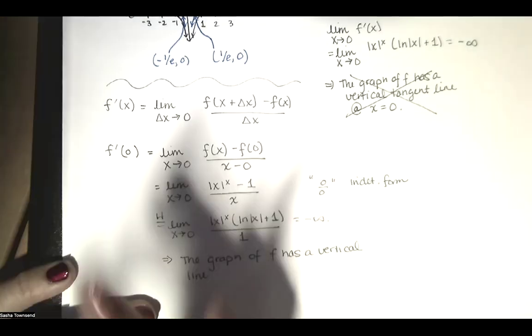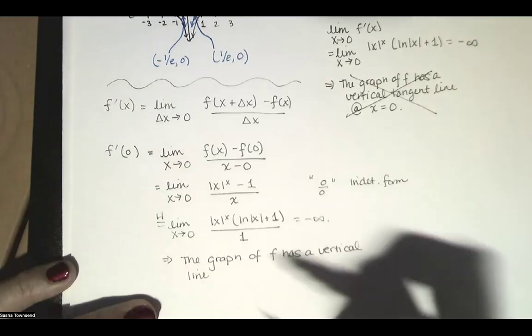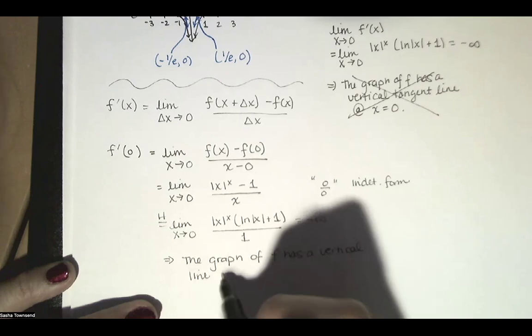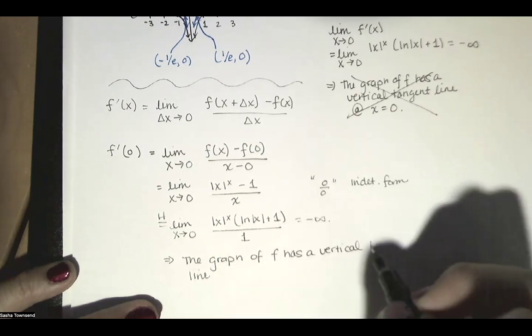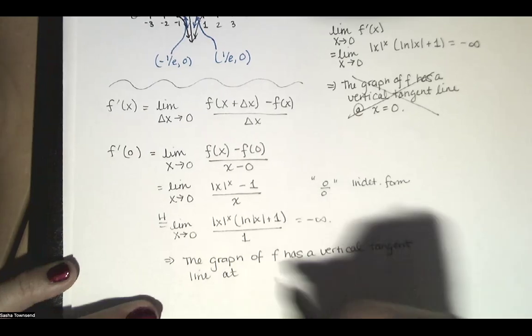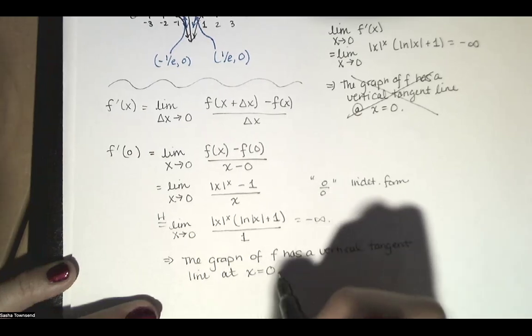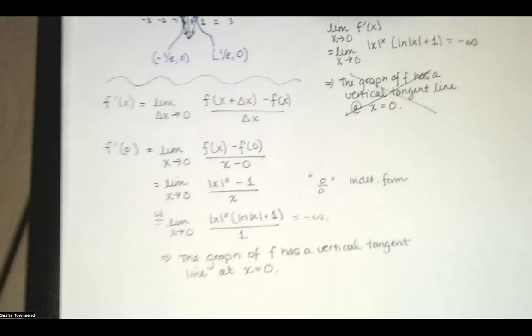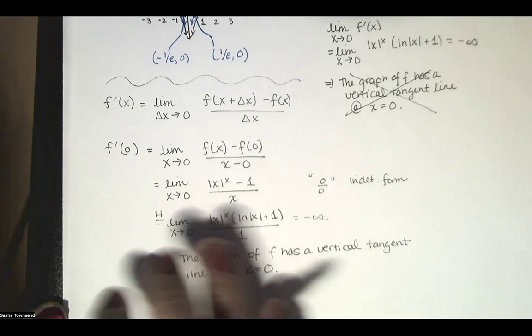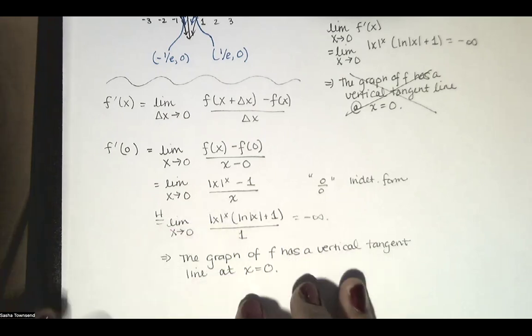This is just sort of turn your head sideways, and then the slope is 0. Vertical tangent line at x equals 0. All right. So technically that is why the graph has a vertical tangent line.